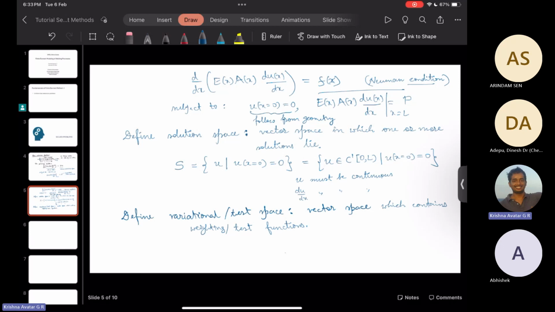And here I'll just call it a set V. This also happens to be a set of functions v, and let it also be of the same collection. So it also belongs to the set of functions whose first derivatives are continuous.